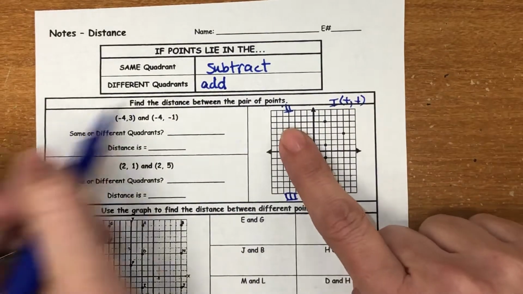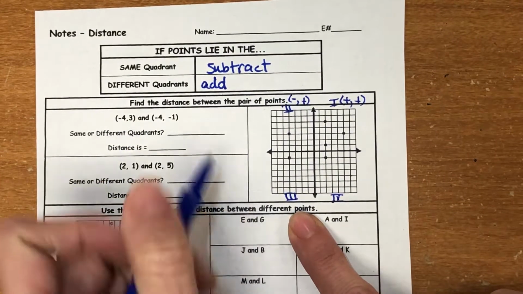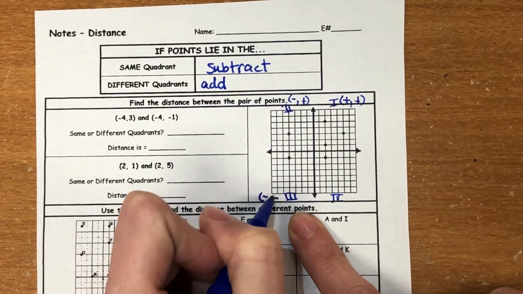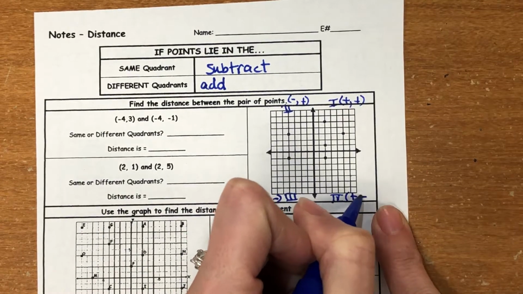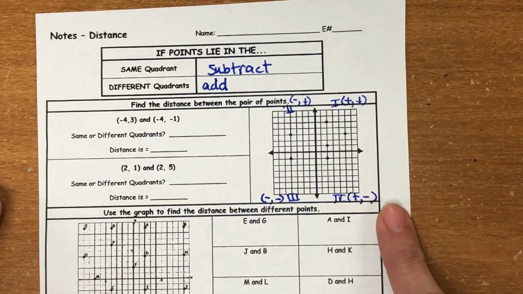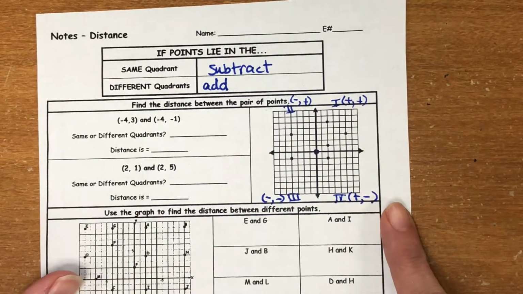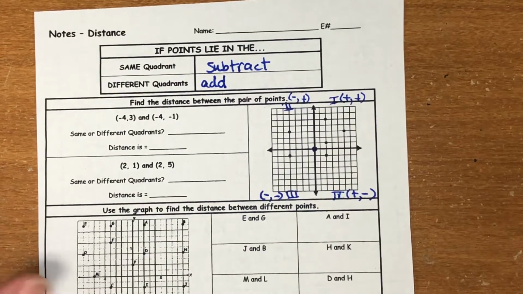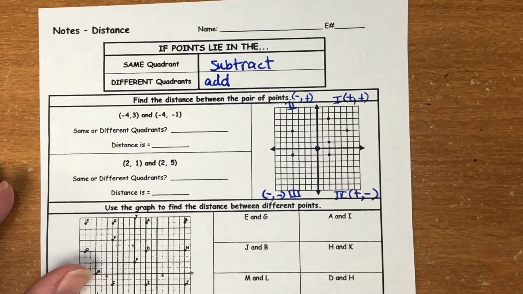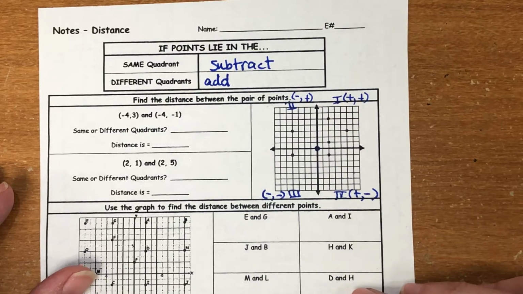Quadrant 2 is always negative, positive. Quadrant 3 is always negative, negative. And quadrant 4 is always positive and then negative. We always have the origin in the center right here, that's the origin, (0, 0). So that's a reminder of the quadrants, and when x and y are positive or negative.